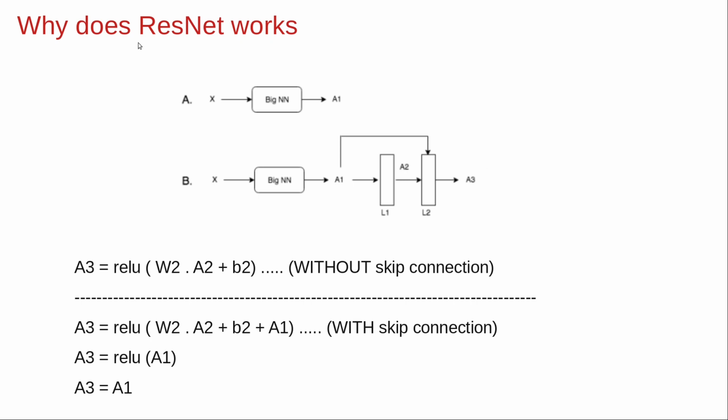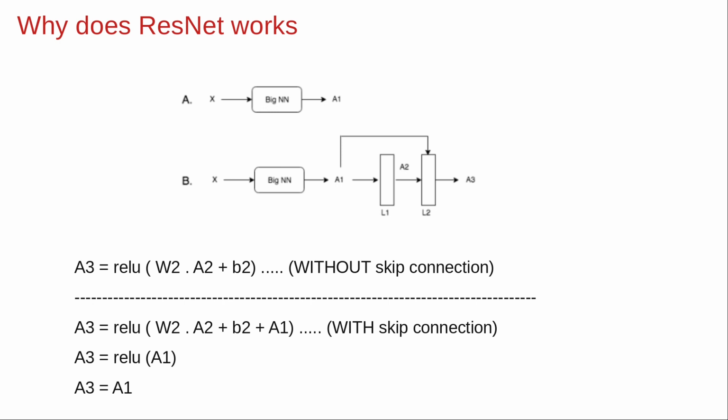Now let's see the value of A3 for this B neural network. First assume there is no skip connection. In that case, A3 would be just this function, ReLU of W2A2 plus B2, where W2 is my weight, B2 is my bias at the layer L2, and A2 is the output from layer L1.